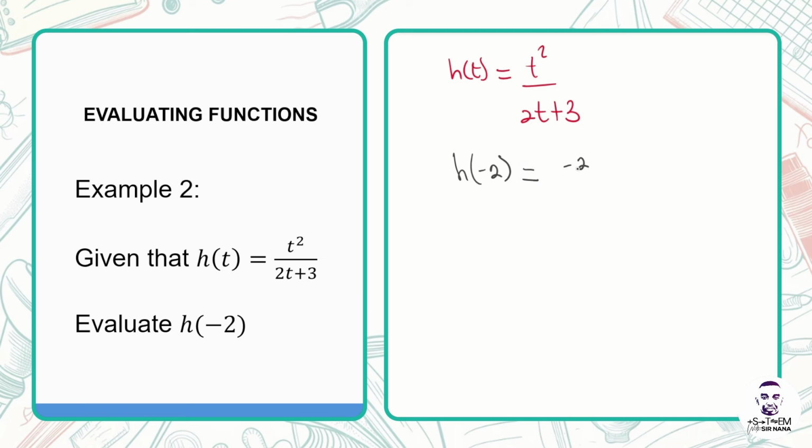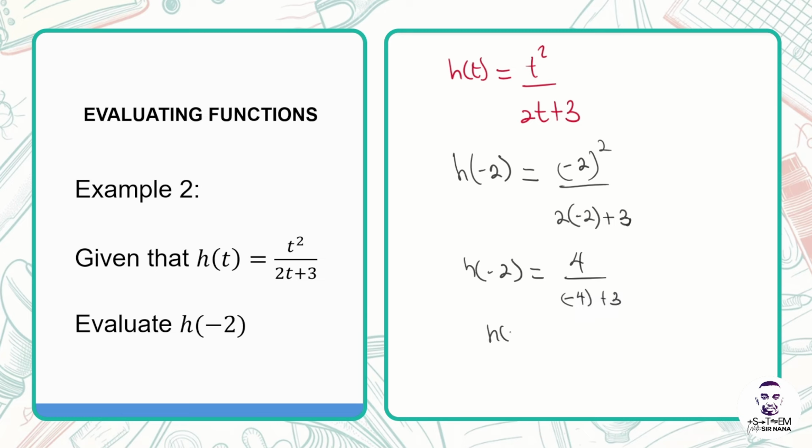So we have negative 2 all squared all over 2 multiplying negative 2 plus 3. So it means that when we evaluate h of negative 2, negative 2 squared gives us 4. 2 multiplying negative 2 gives us negative 4 plus 3.